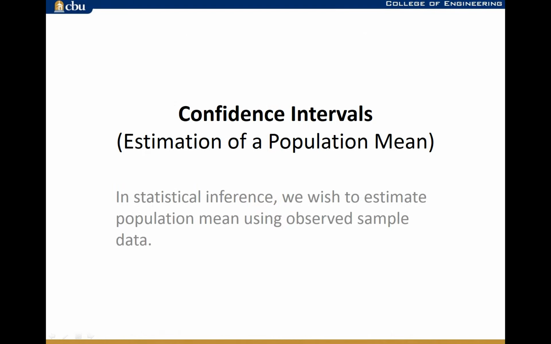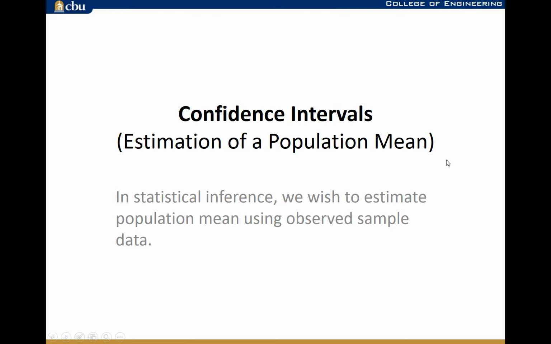So now we're going to talk about confidence levels. That means we're going to use the theory to estimate the population mean. We are not asked to estimate a population range, but we estimate a population mean. In statistical inference, we wish to estimate the population mean using observed sampling data.